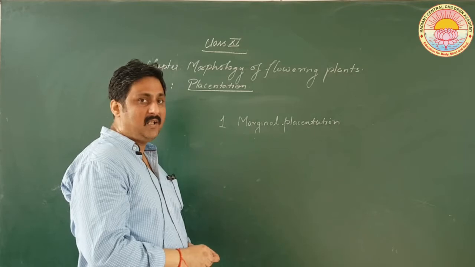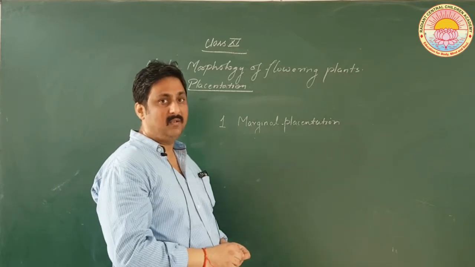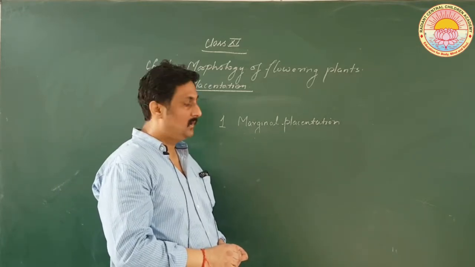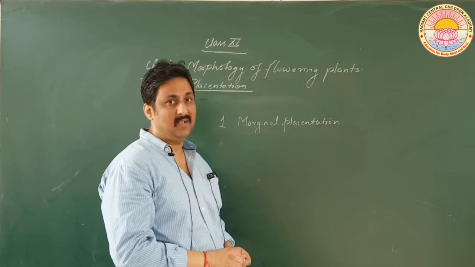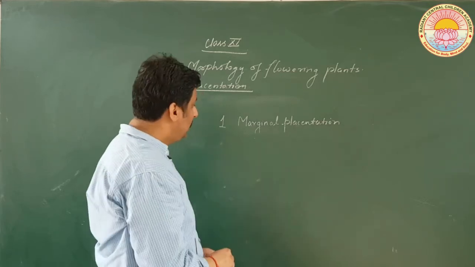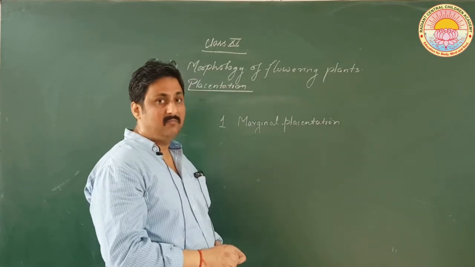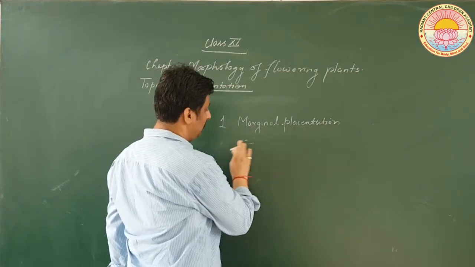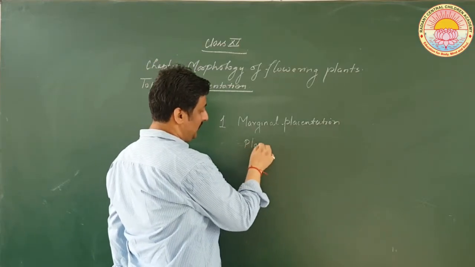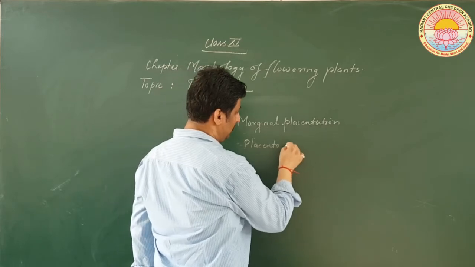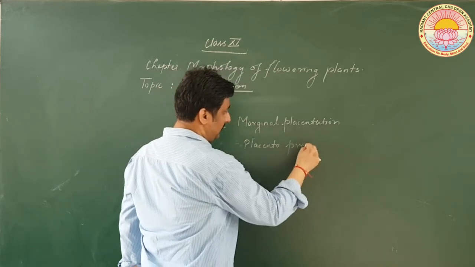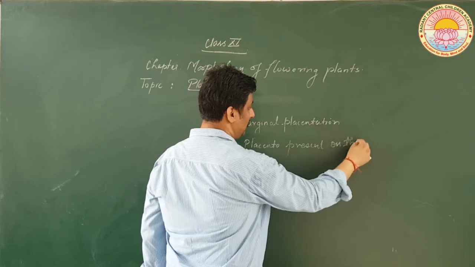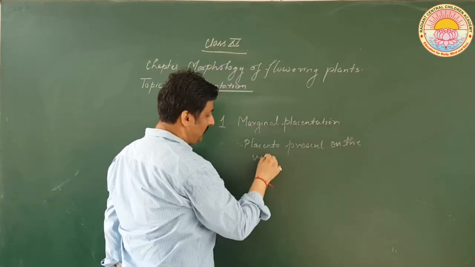When the placenta is present on the ventral structure of the ovary, the placentation is called marginal placentation.